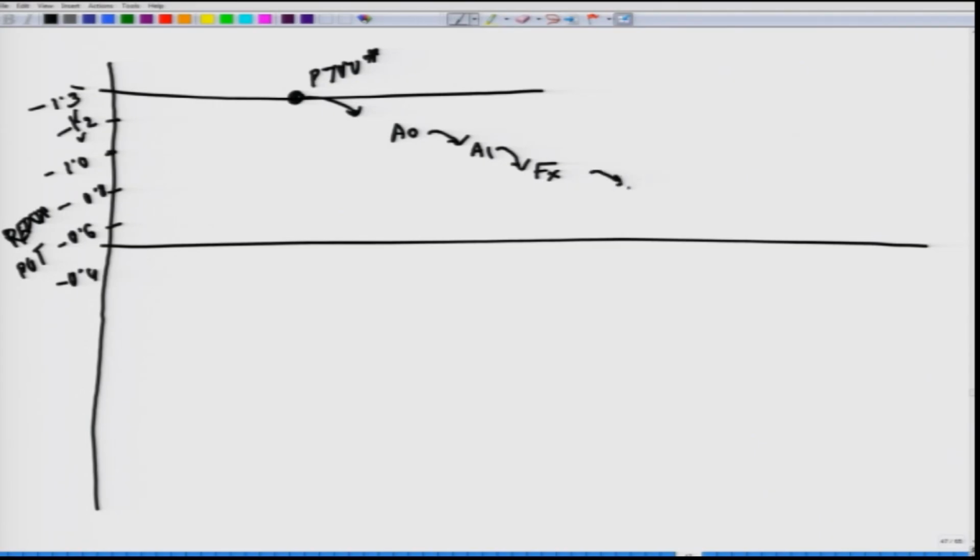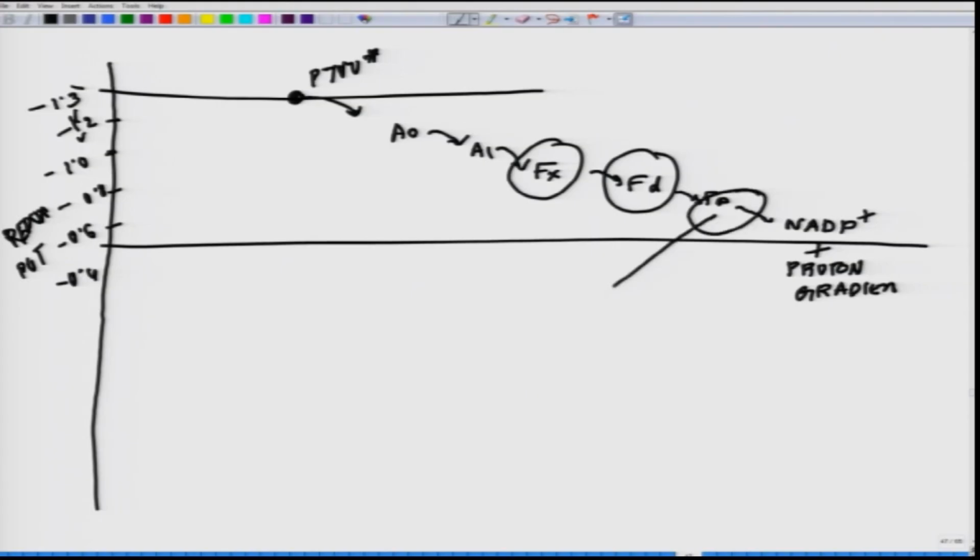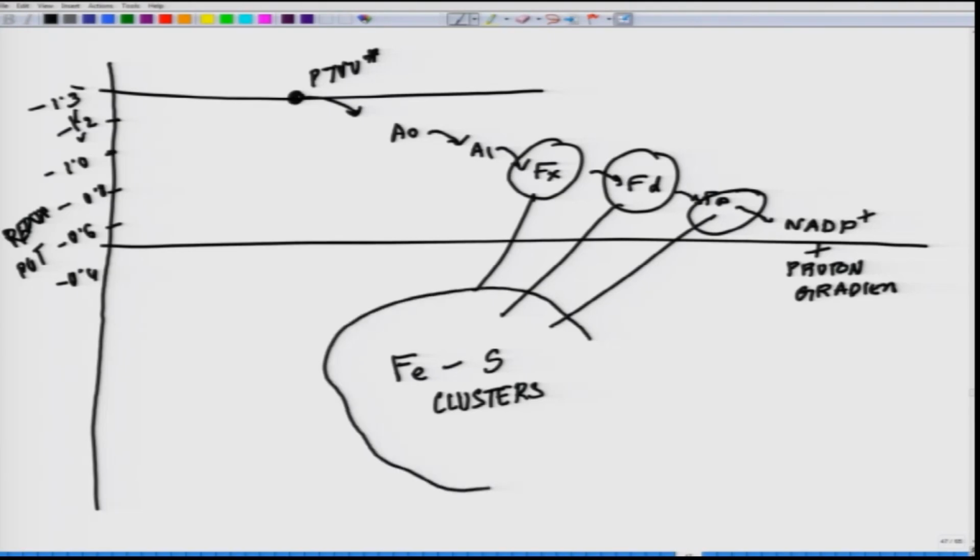Now what is very important for you to realize will take you back to the very first lecture: NADP plus, proton gradient. If you look at these compounds, these are all iron sulfur clusters embedded on proteins, and this is precisely the reason.